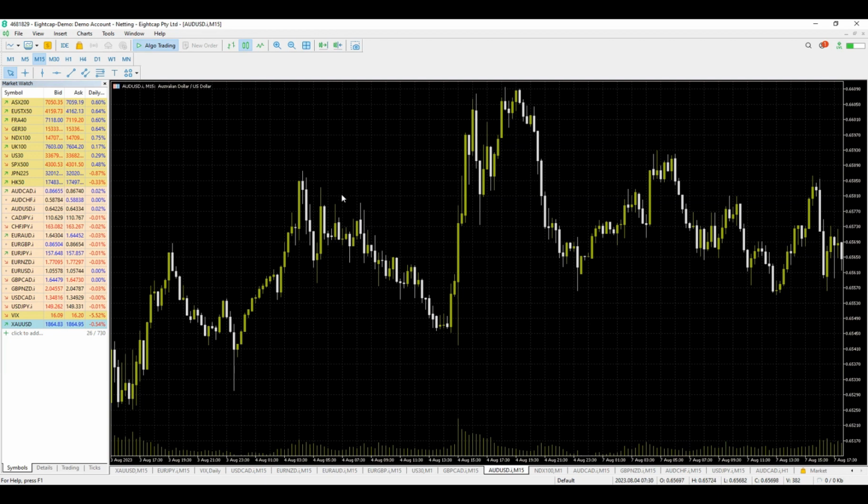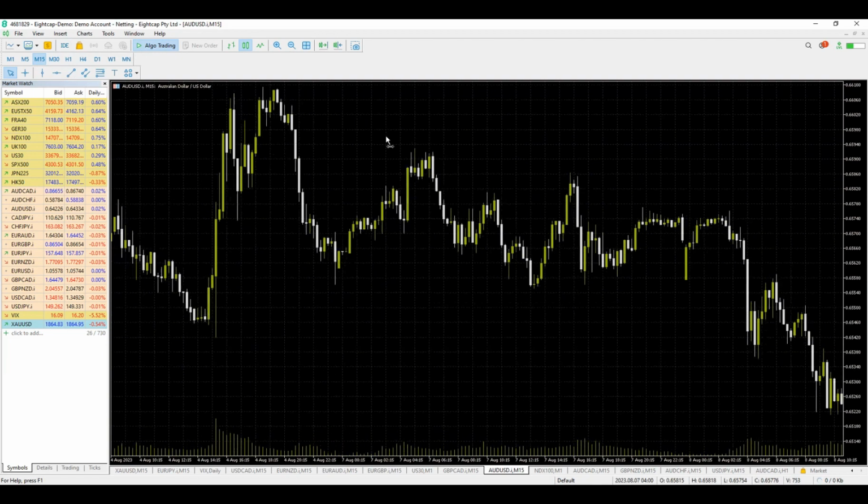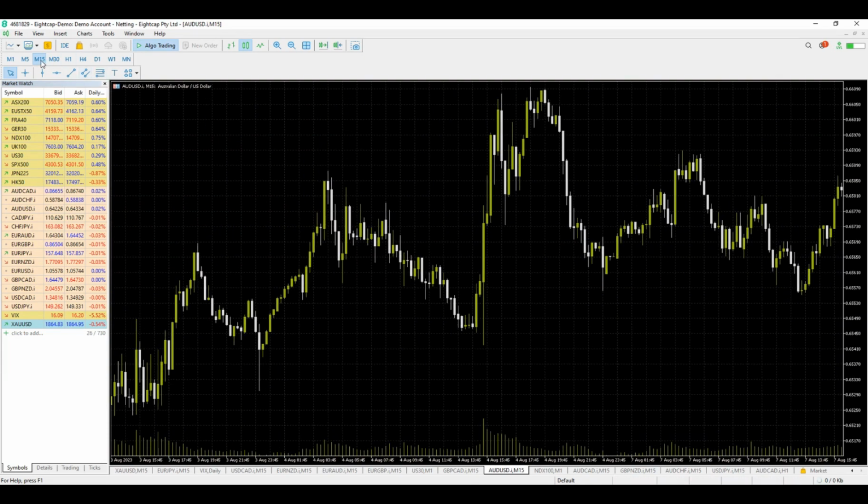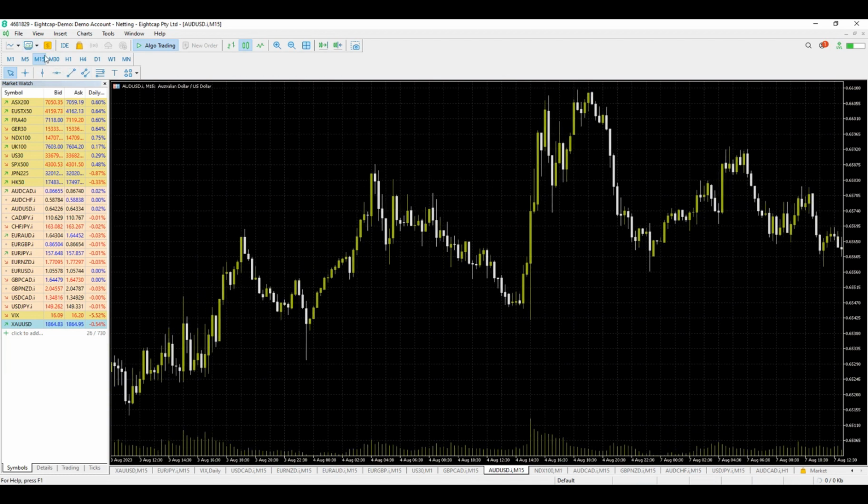So when you open your MT5 or MT4 or TradingView or trading platform, you can literally open a chart. For example, I've got the Aussie US Forex pair open here, and I've changed it to the 15-minute time frame, so you can see on the left hand side here.